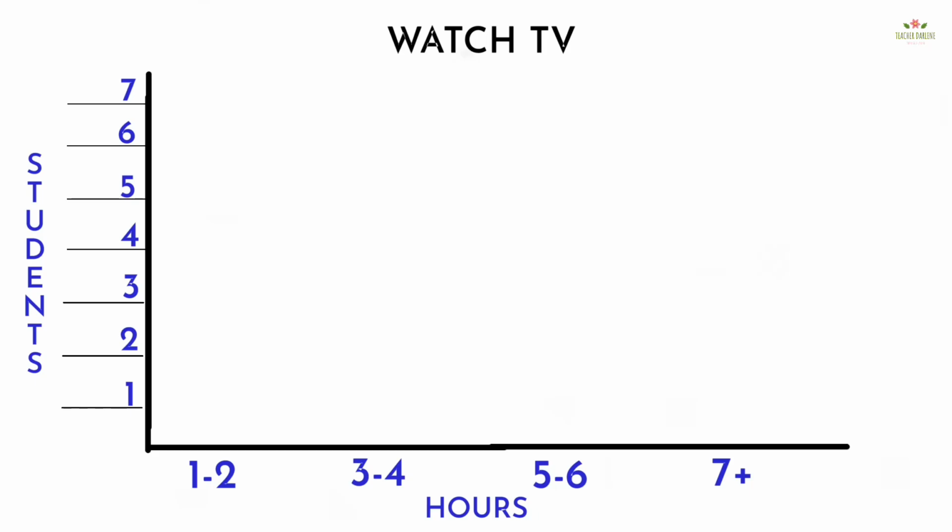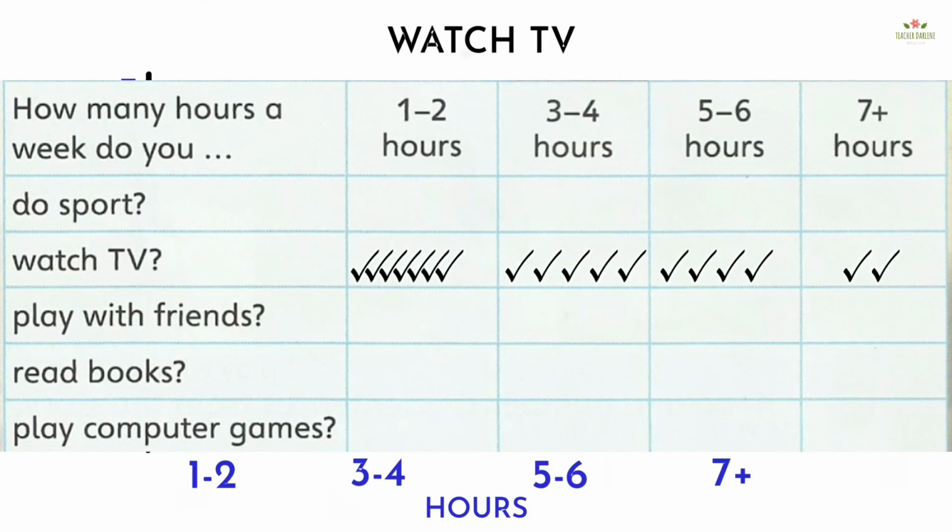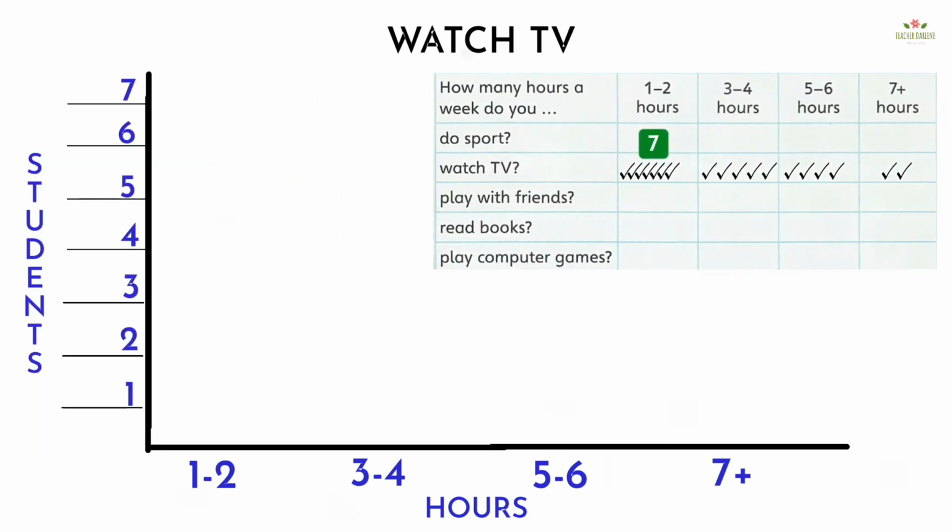Count the number of students who chose the 1 or 2 hours. Cut a colored paper and stick it according to the number of students. You may also draw the bar and color it later. Repeat this with the other hours.